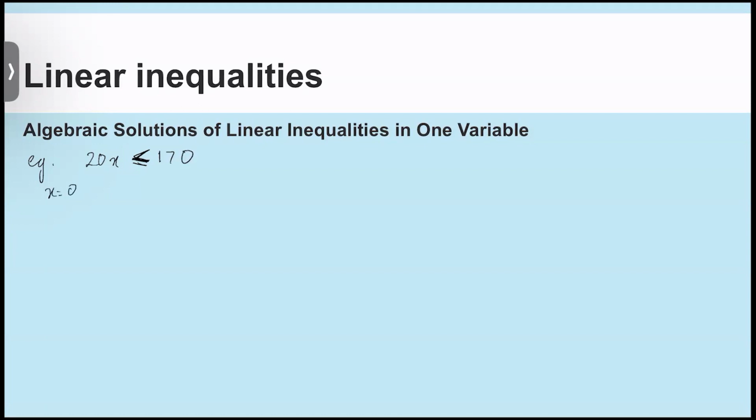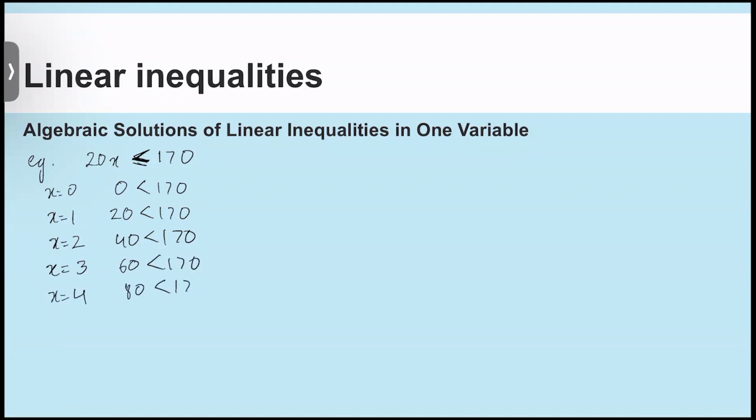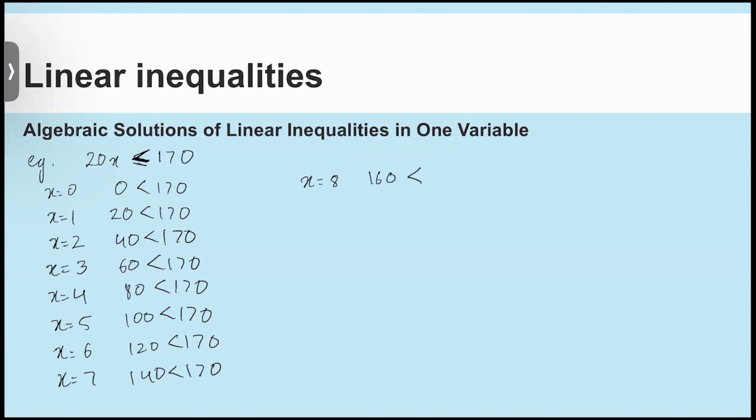So for x equals 0, you have 0 less than 170. x equals 1, you have 20 less than 170. x equals 2, 40 less than 170. x equals 3, 60 less than 170. x equals 4, 80, x equals 5, 100, x equals 6, 120 less than 170, x equals 7, x equals 8, so we have 160, so we are also putting the less than or equal to sign.